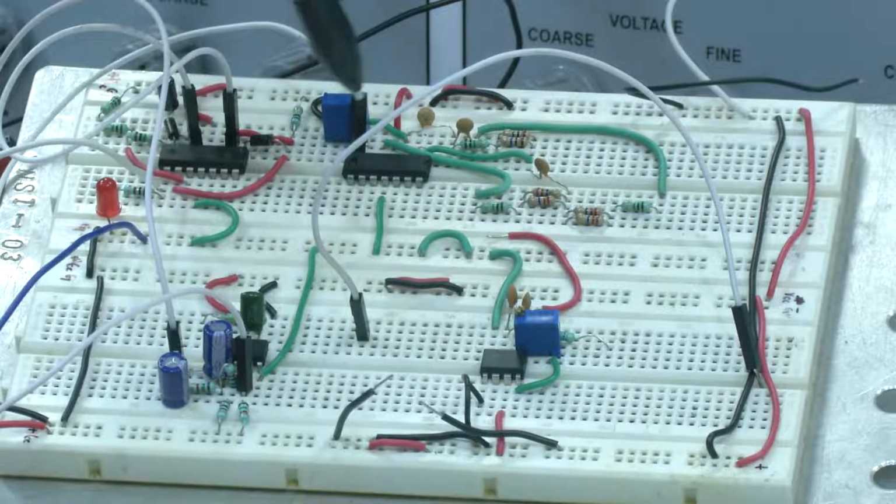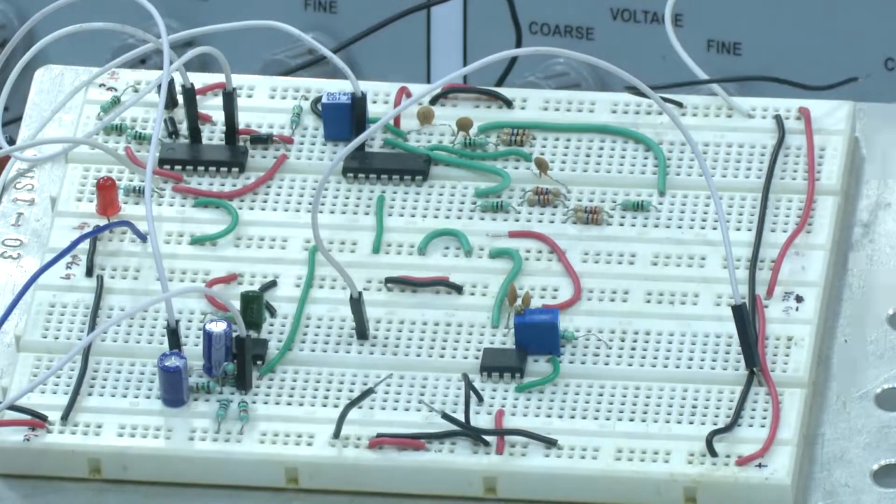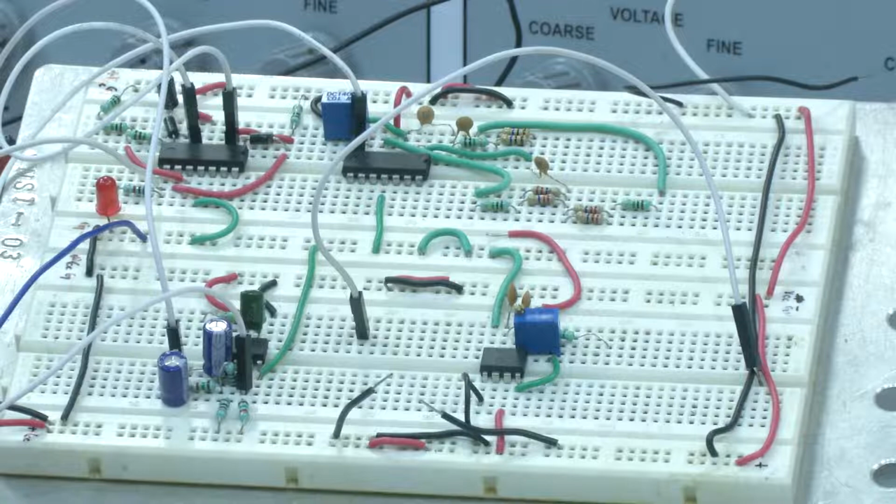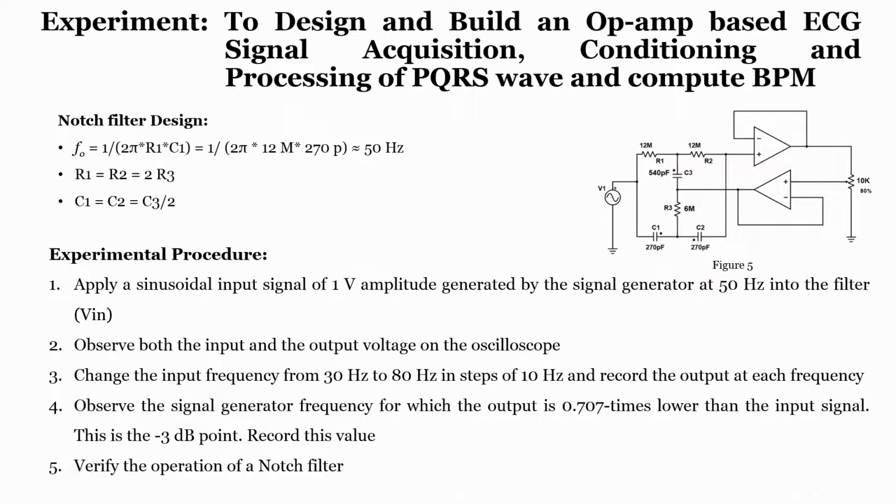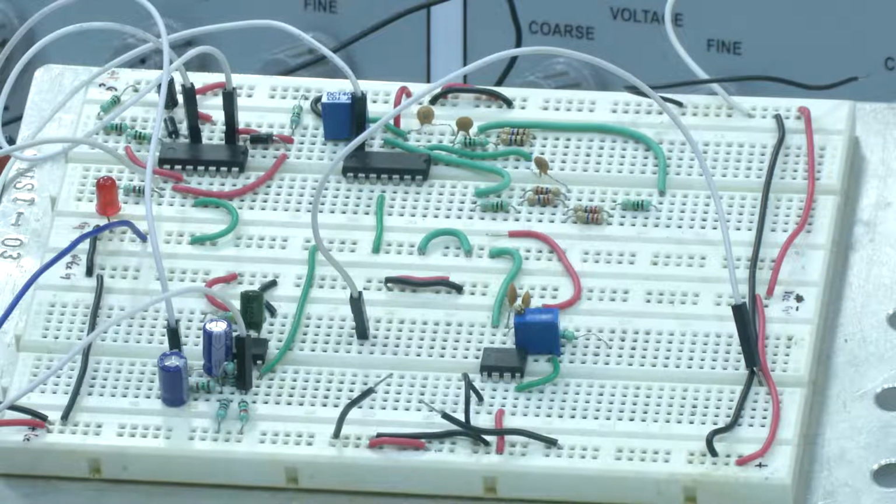Now, the other part that we are using is notch filtering, and that too 50 Hz notch filtering. If you recall our resistance values, somewhere around 12 mega and 6 mega resistor, 270 picofarad and 540 picofarad.